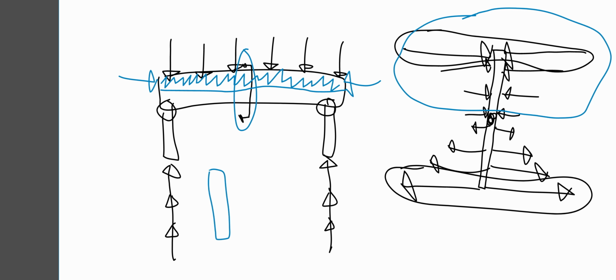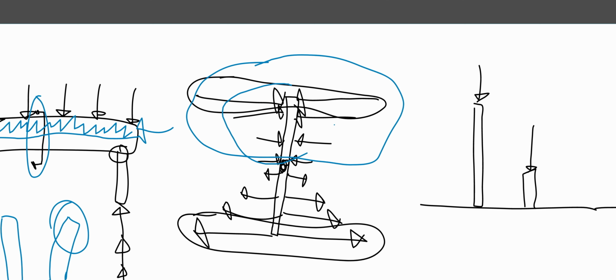And if it is loaded, what might happen is it might deflect out to the side or it might fail. The top part of the beam is being compressed and it's buckling under the effective compression force from this guy right here.